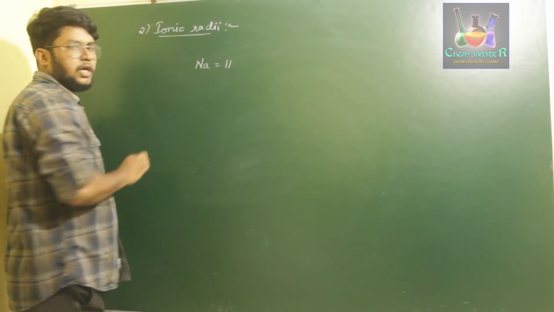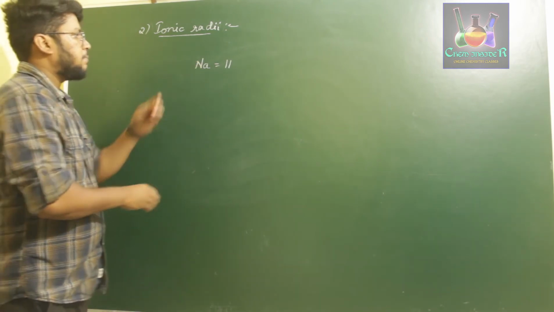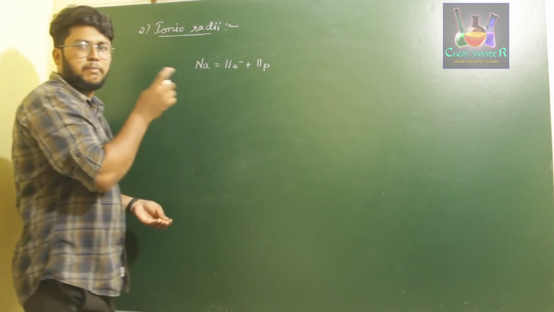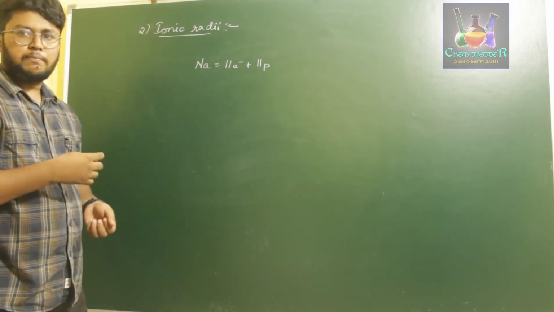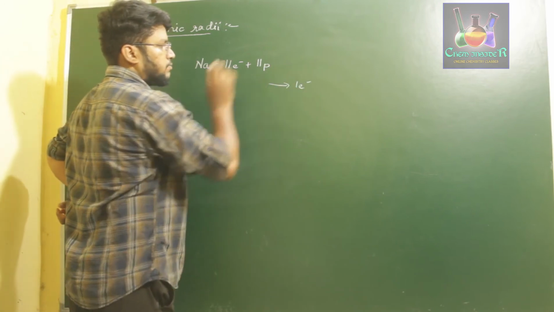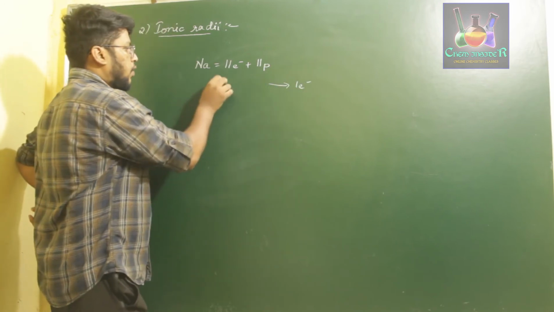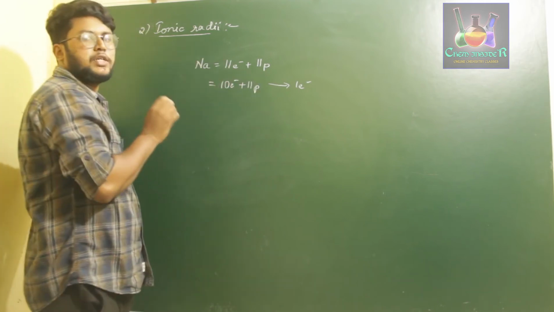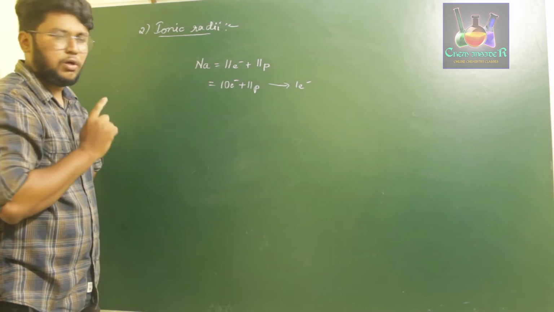When an atom loses an electron, let us say for example sodium, which has 11 electrons and 11 protons, that is 11 negative charges and 11 positive charges. When it loses one electron, now we have 10 electrons and 11 protons. We are losing an electron but not a proton.